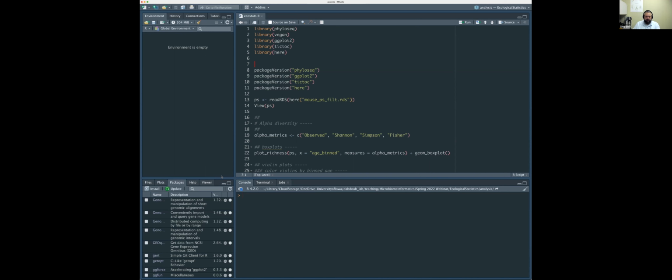There is an example of random forest, but the data behind this was originally from Pat Schloss, a professor at the University of Michigan, his microbiome analysis package mothur, which we went over in the webinar last year.